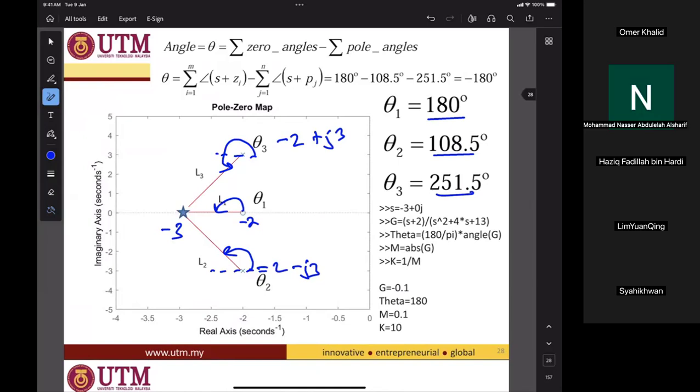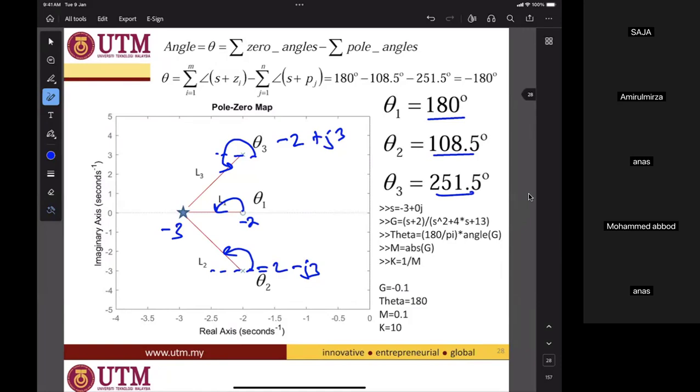Or if you don't want to calculate, what is another approach to measure the angle? Lim, are you there? No. Anas, are you there? Yes, doctor.